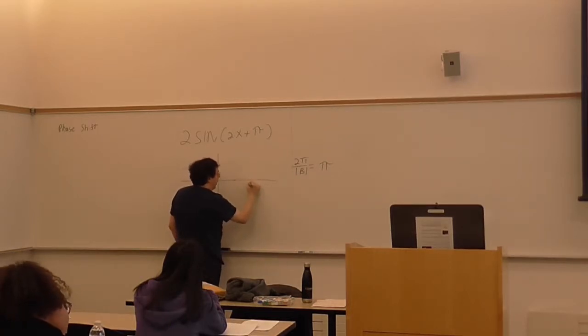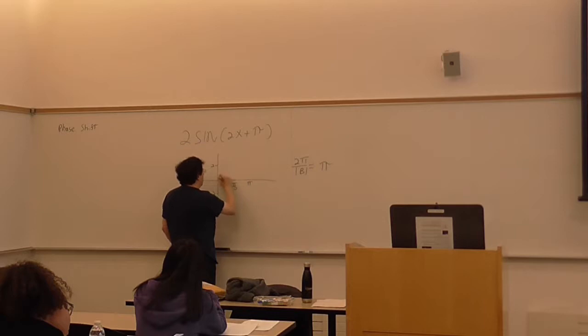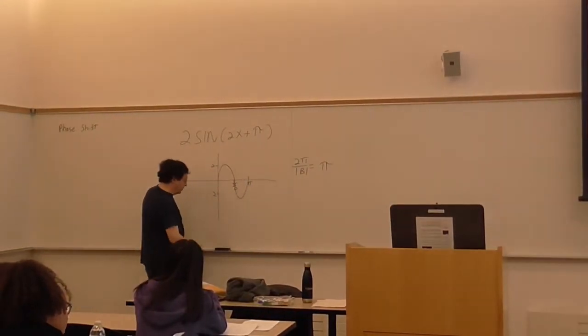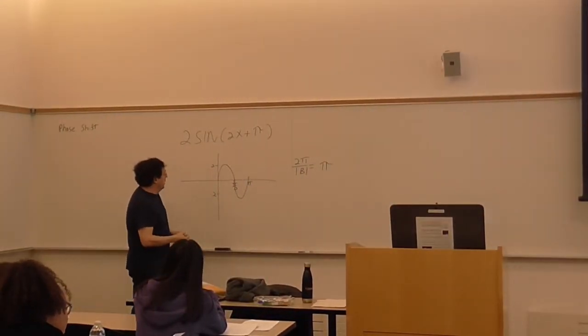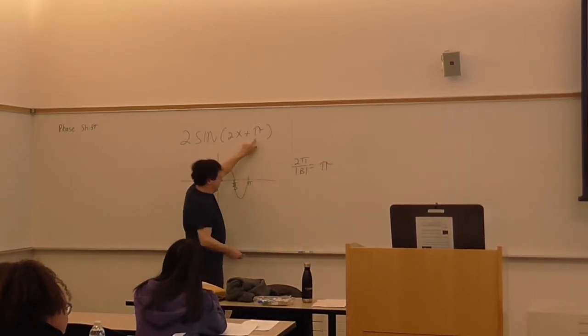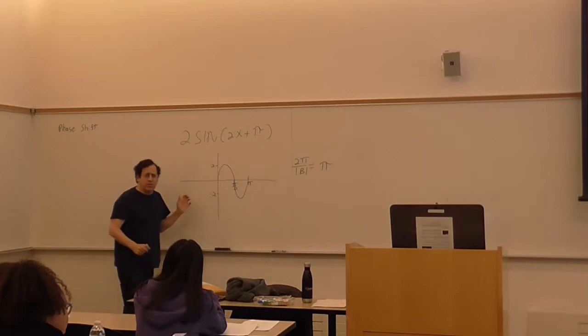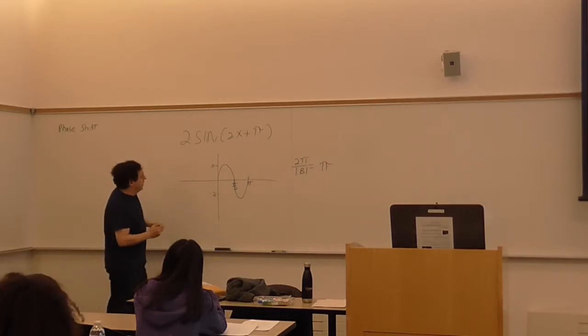So if this is pi, and this is pi over 2, my function will look like this. It's got a period of pi, it's got an amplitude of 2. See, I have a pi here. I've shifted it clearly to the left pi.